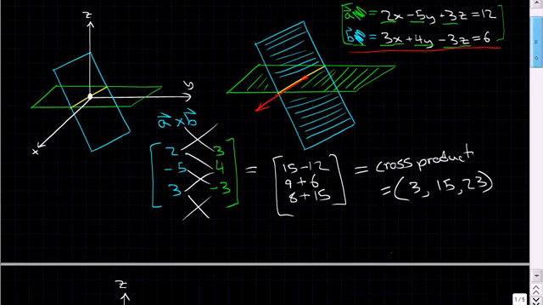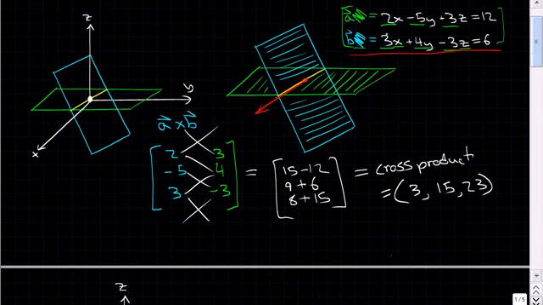So we have 2x minus 5y plus 3z equals 12. Now we're going to say that x equals 0. That's what we're going to center our point on, x equals 0. And then using these equations, we can find out what those other coordinates would be. So x equals 0, which means that the equation for a becomes 2 times 0, so we don't even have to worry about it.